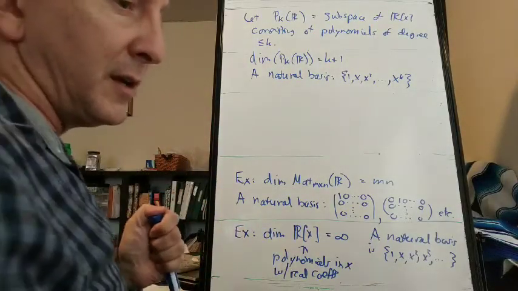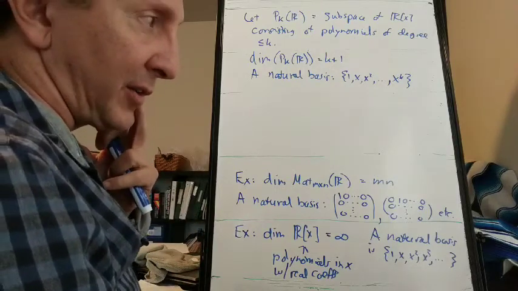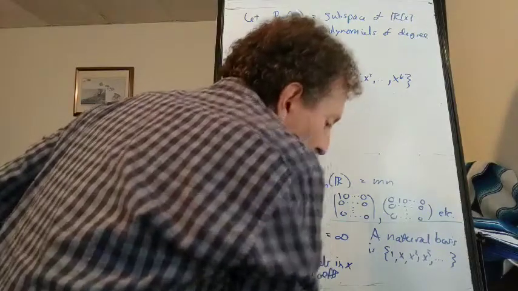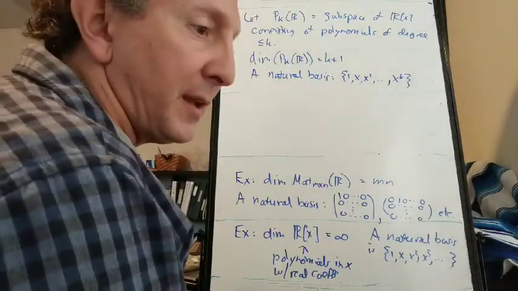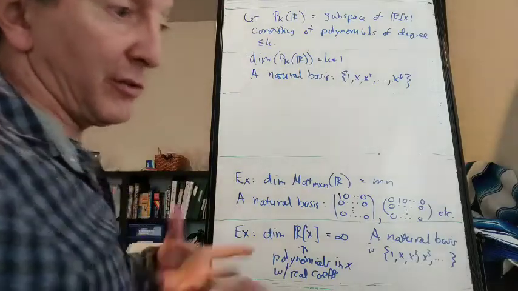And we learned that in Rn, if we have more than n vectors, it's got to be a linearly dependent set. And that's true for vector spaces in general, not just Rn.